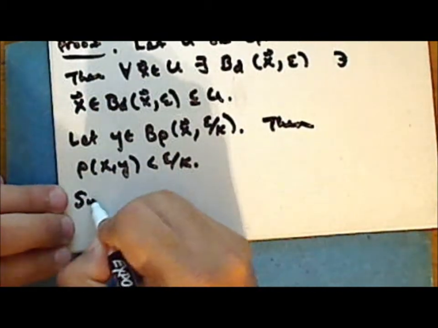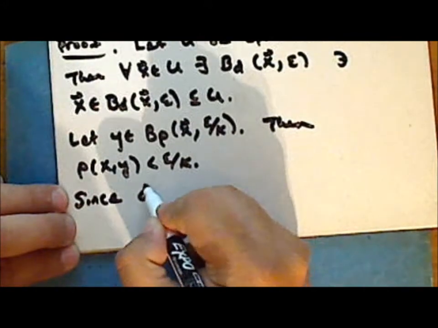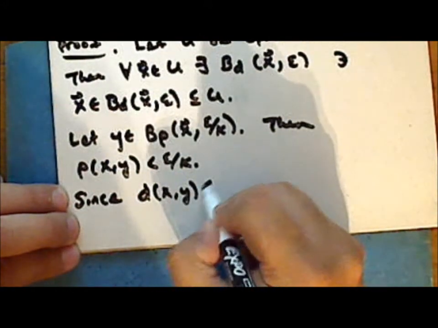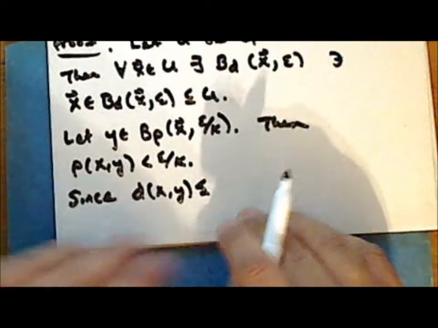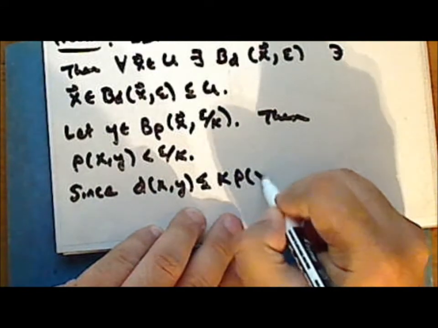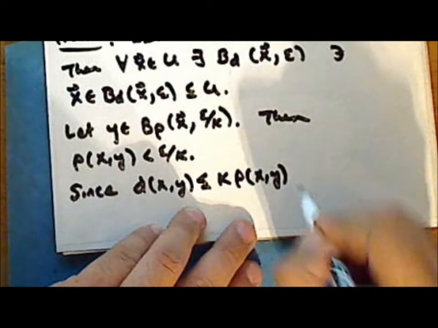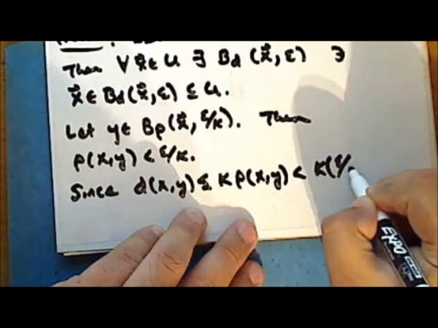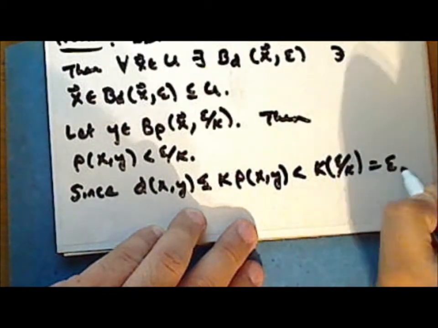Now, since the distance in the metric D from x to y is less than or equal to k times the distance in the metric rho, it is less than k times epsilon divided by k, which is epsilon.